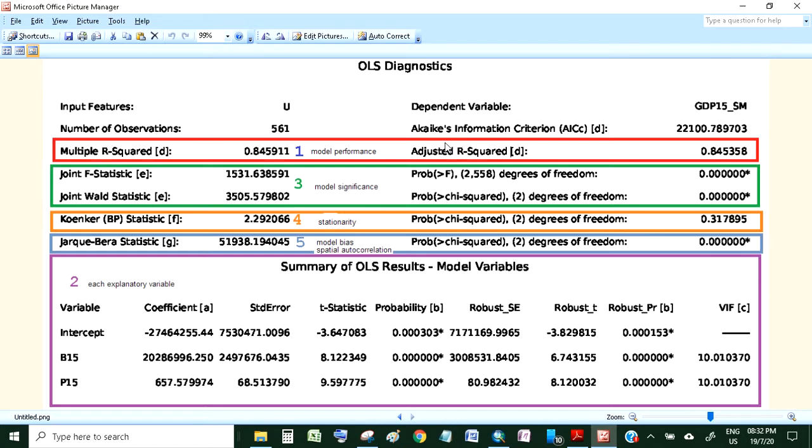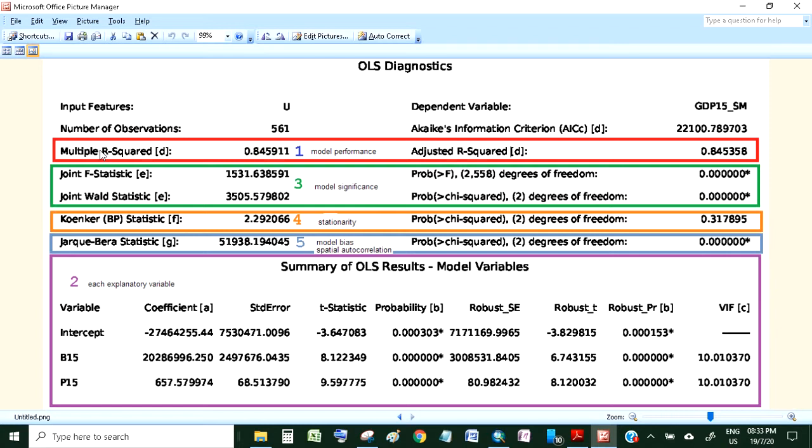The adjusted R square value is always a bit lower than the multiple R squared, because it relates to the data and is consequently a more accurate measure of model performance.